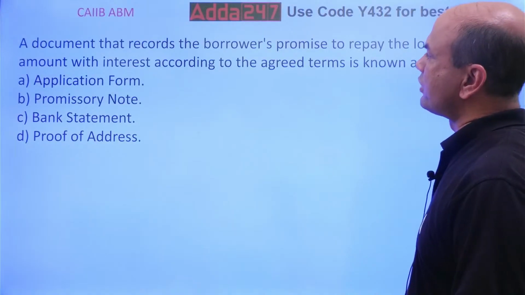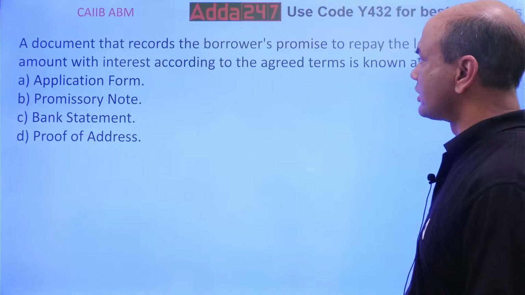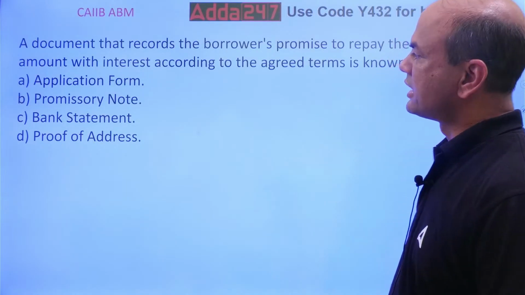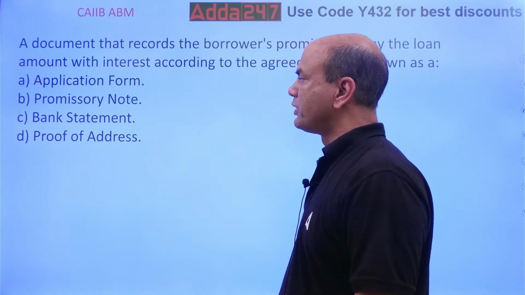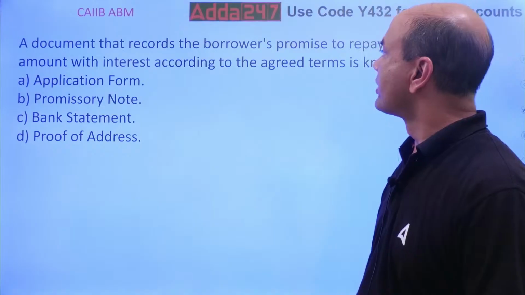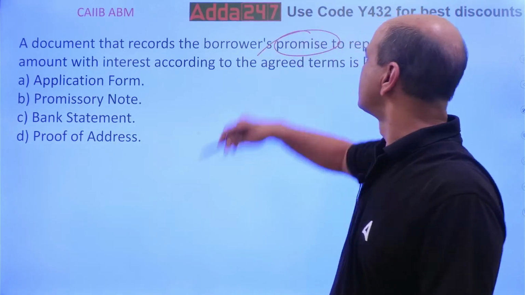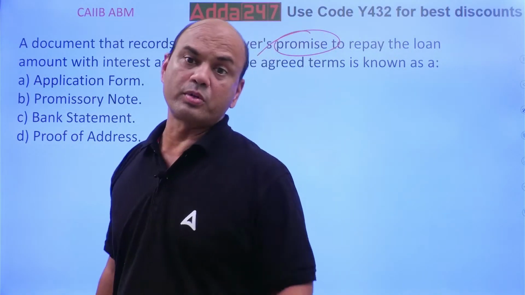A document that records the borrower's promise to repay the loan amount with interest according to the agreed terms and conditions is known as application form, promissory note, bank statement, or proof of address. Where does the borrower promise?